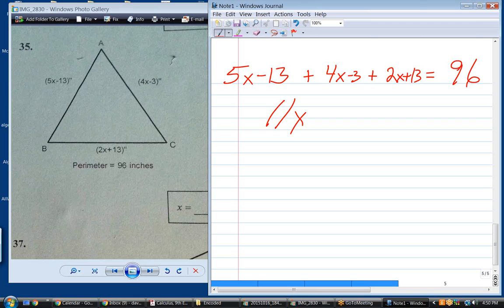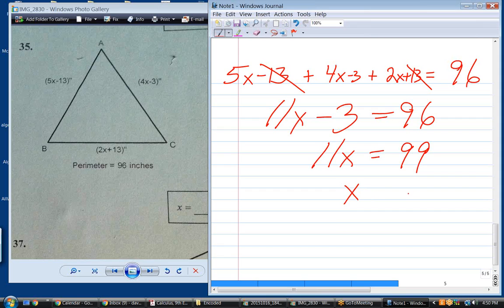Before you do that, look at the third number. It's a positive 13. Oh, so they would just cancel each other out anyway. Yeah, and then you don't have to do the hard math. Then it'd just be 3. Okay. So now we're here. What's next step? And then you add 3 to both sides. So 11x equals 99.